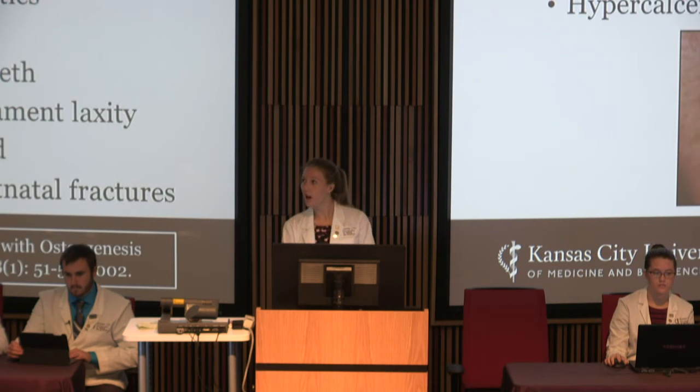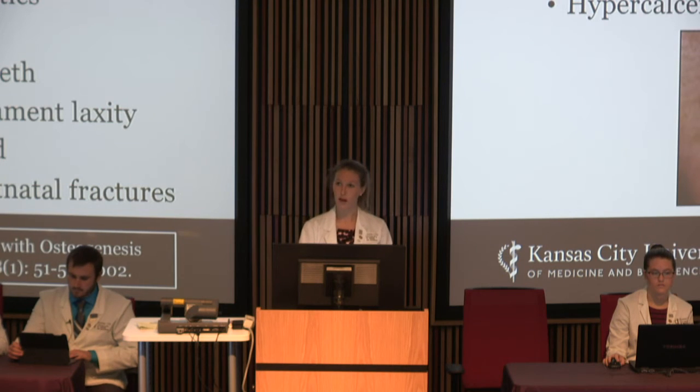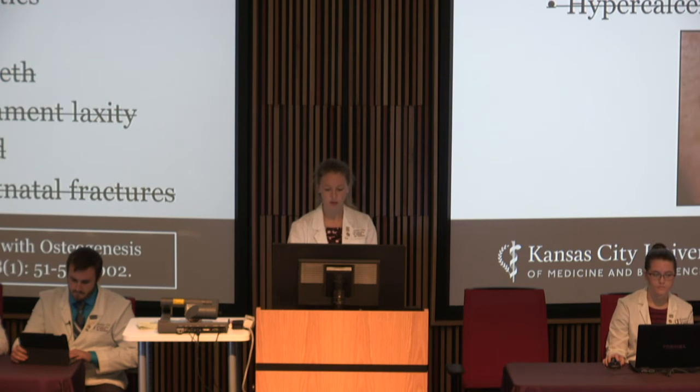Osteogenesis imperfecta, also known as brittle bone disease, is an autosomal dominant genetic disease leading to a defect in type 1 collagen, specifically the alpha-1 and alpha-2 chain, which are essential structural proteins for bone, ligament, skin, and sclera. Our patient does not have a family history of the genetic disease, and he does not meet the other clinically significant criteria, such as having scoliosis or blue sclera.